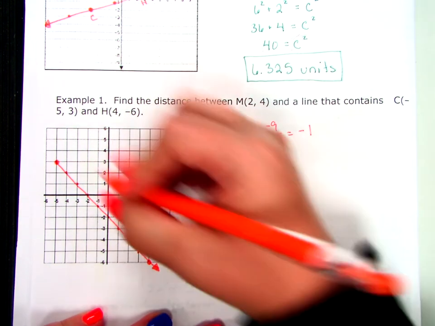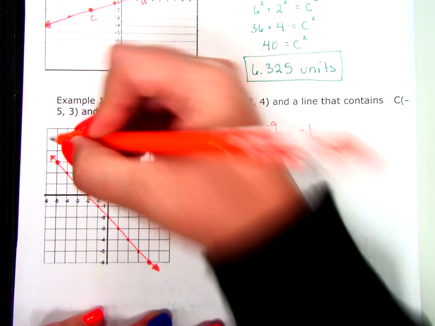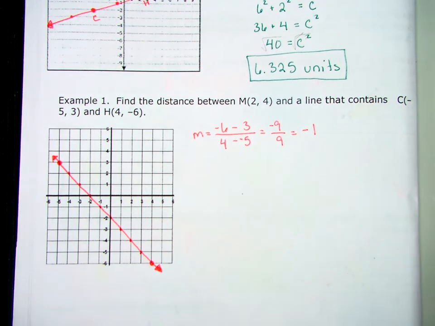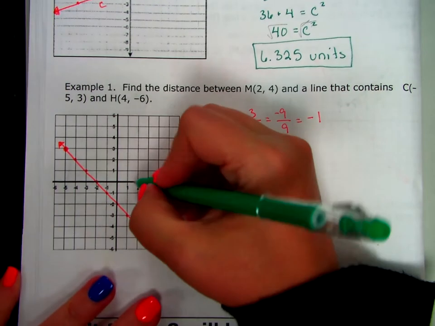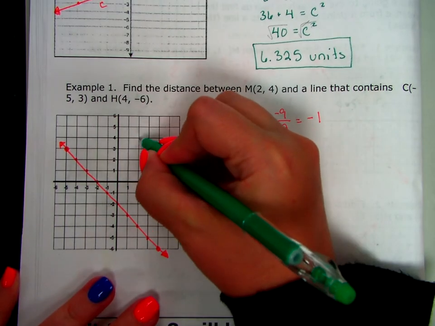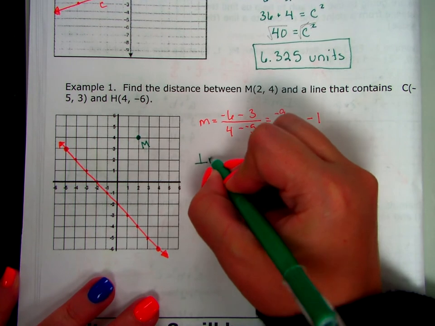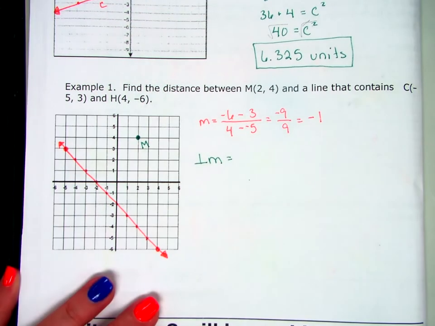There's the cheese. It must be like cheddar because I went with orange. Okay, and then my mouse is at 2, 4. Here's my mouse. What is the slope I'm going to use to get from my mouse to the cheese?